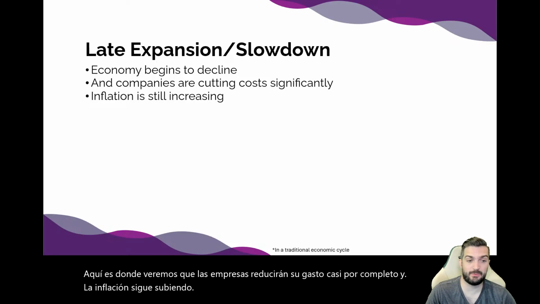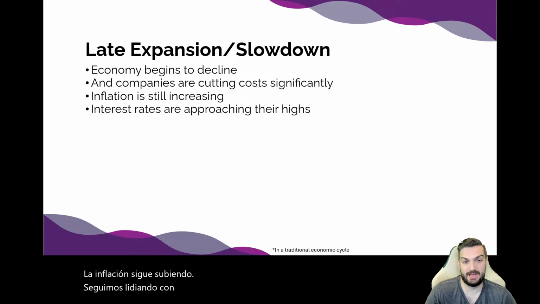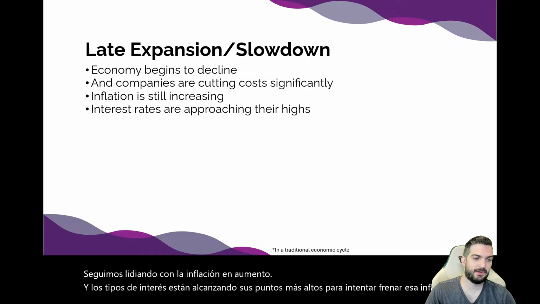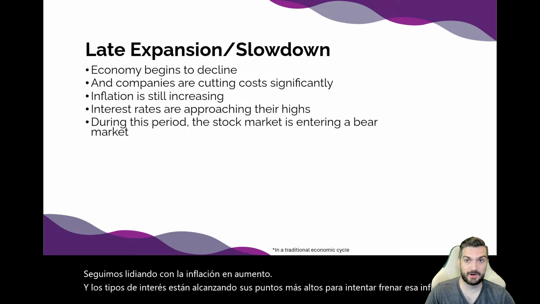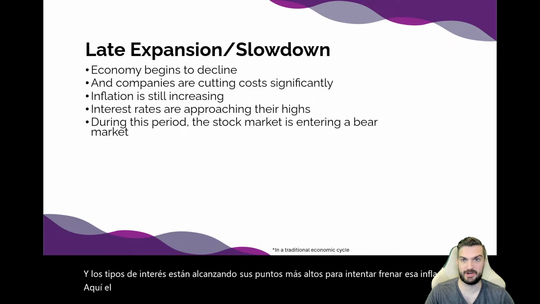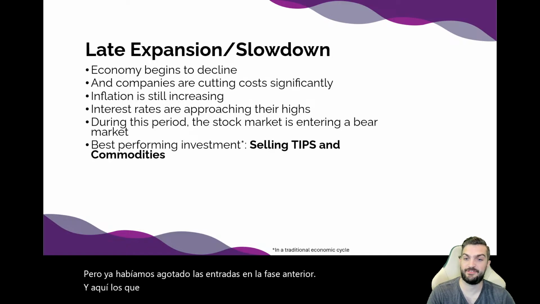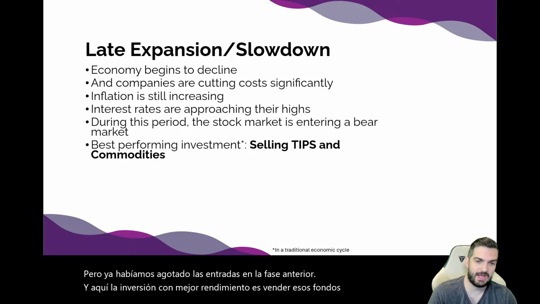We're still dealing with rising inflation, and interest rates are hitting their highest points to try and stop that inflation. Here, the stock market is well on its way to a bear market. But we had already sold out in the previous stage. And here, the best performing investment is selling out of those treasury inflation protected securities and commodities.